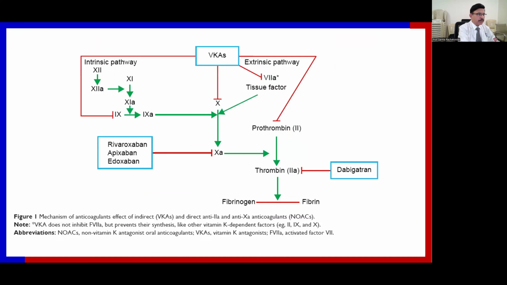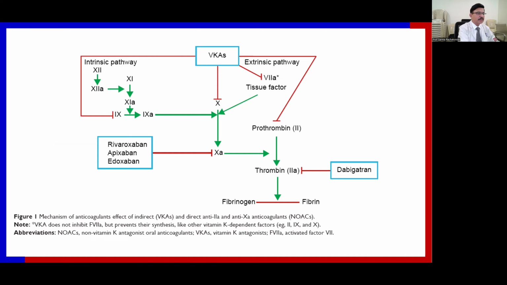So the intrinsic pathway I want to block. Which drug will I use? Heparin. The extrinsic pathway I want to block. Which drug do I use? Warfarin. I want to block the common pathway, factor 10. Use rivaroxaban, apixaban, and edoxaban. Now I want to go even further down and use the direct thrombin inhibitors, dabigatran and others.